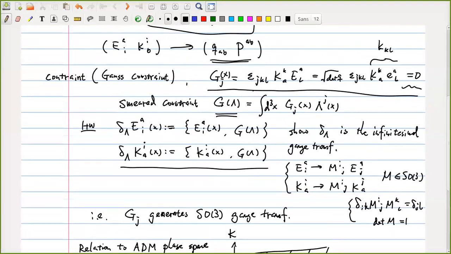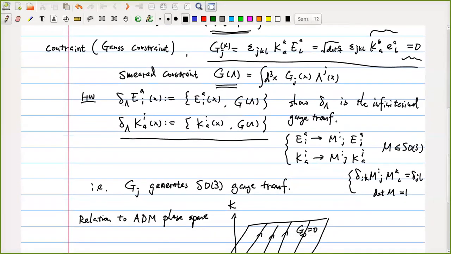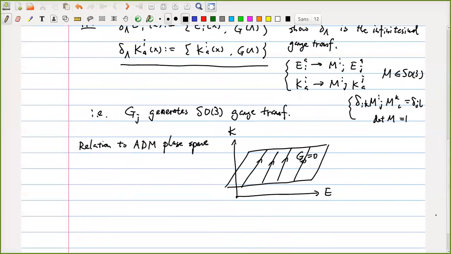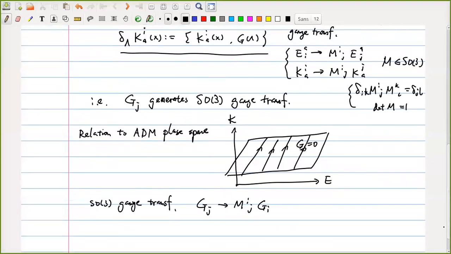So this constraint is just all the indices are contracted. K and L are contracted, A and A are contracted, and the rotation of J, K, L only rotates the constraint, because the constraint has the index J. So under the SO(3) gauge transformation, G_J transforms to M_IJ G_I, something like that, where M belongs to SO(3).